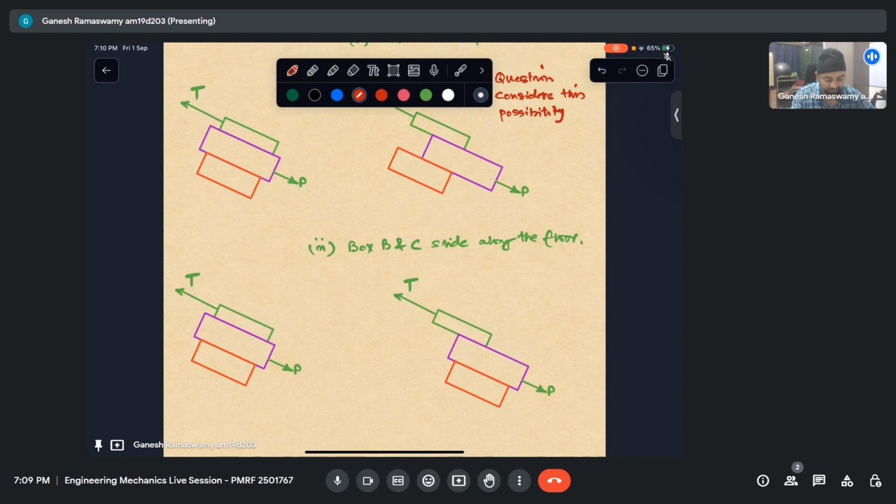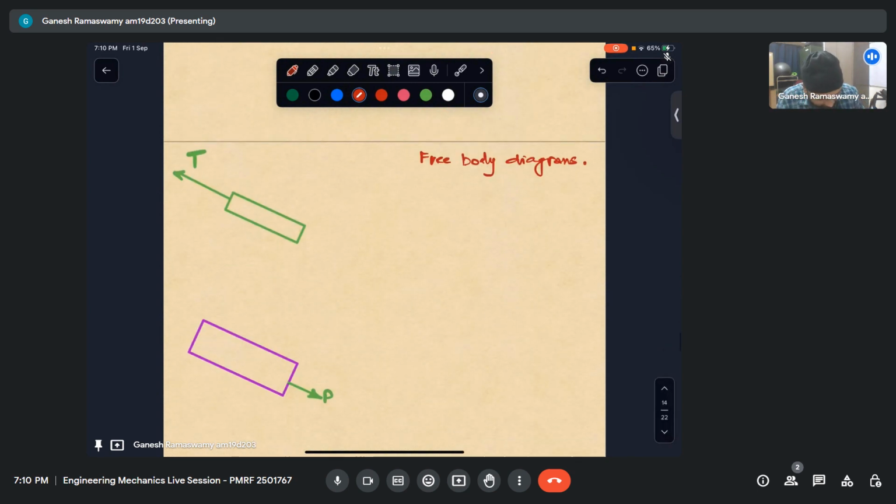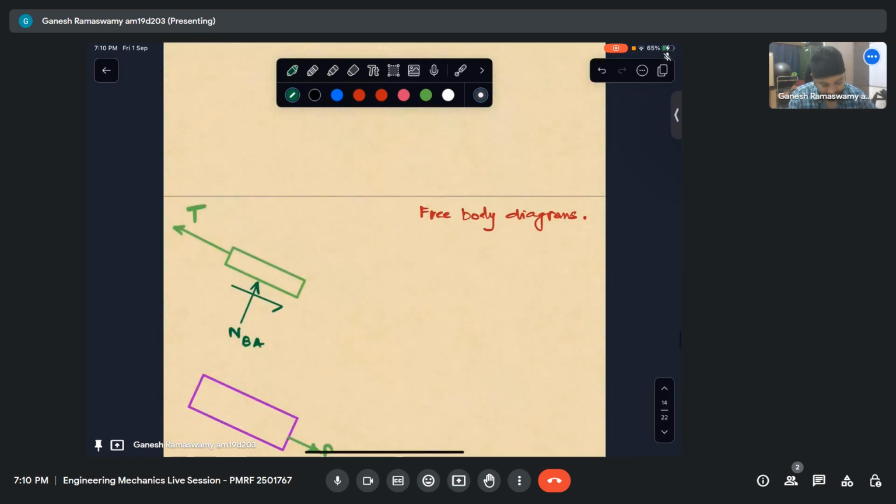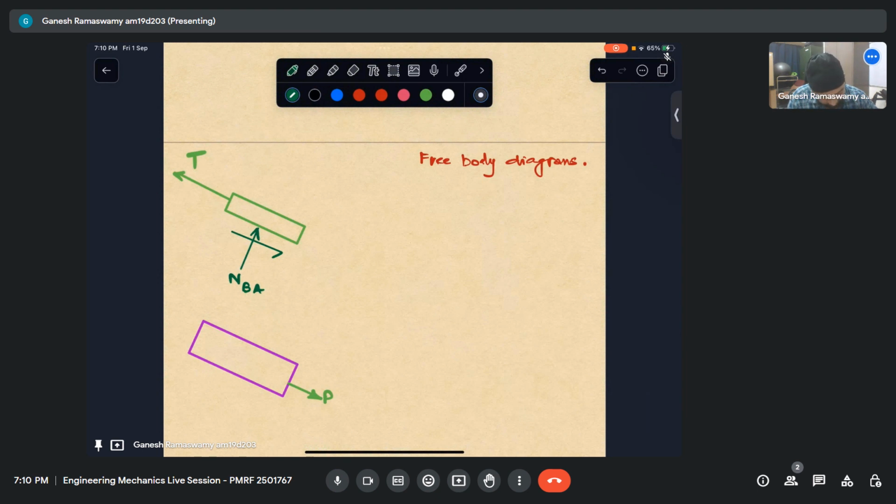So definitely there is a force like this, and then we have a normal force somewhere over here, which is NBA, applied from box B to A. And this is mu AB NBA, where mu AB is the friction coefficient for that interface. And then I have my weight acting like that.